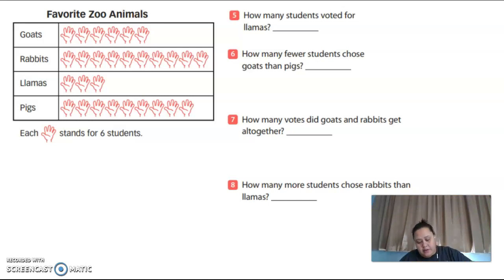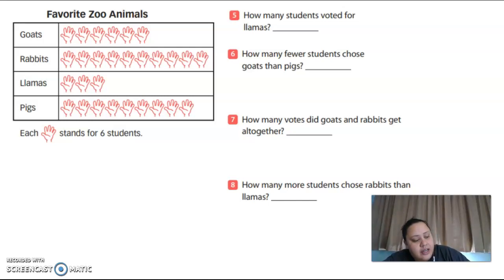So the first animal we have are goats. And how many hands do we have there for goats? Well, let's count together. We have 1, 2, 3, 4, 5, 6. 6 hands, and each hand equals 6.